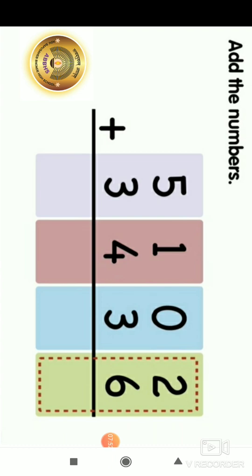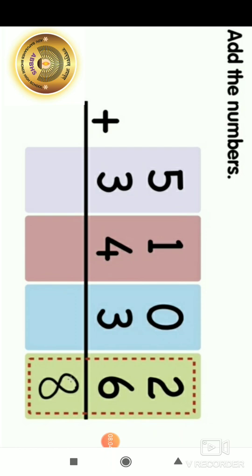Which numbers are there in the unit place? 2 and 6. So 2 plus 6. Add it. What is the answer? Yes, 8. 8 is the answer. Very good. Now 8 is our answer when we add the unit place.